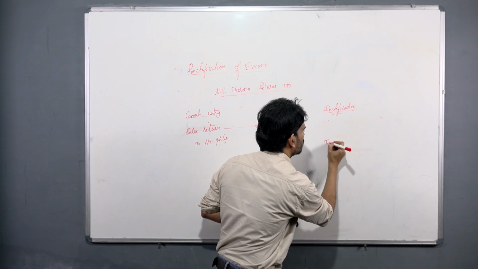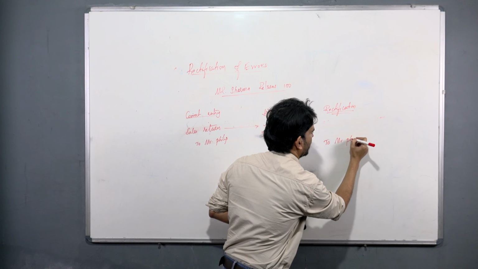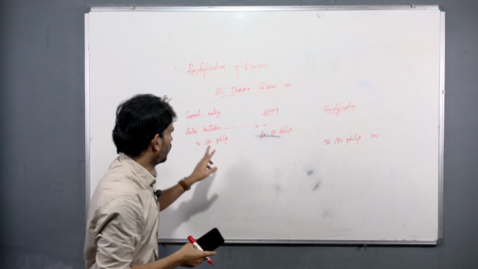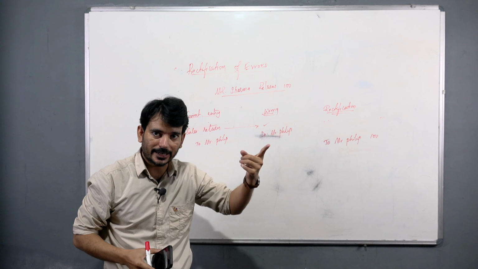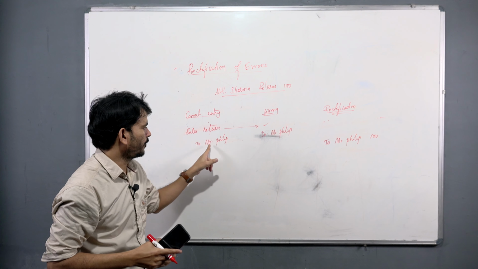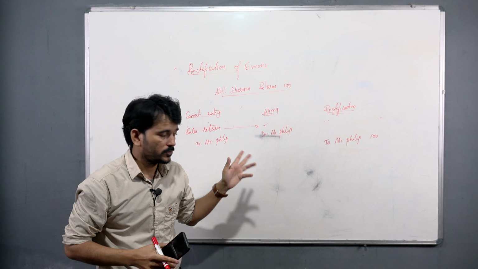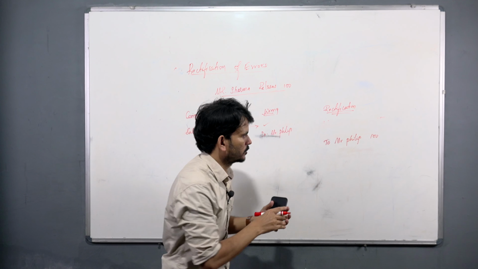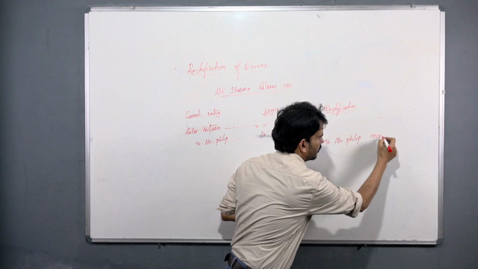So we will write to Mr. Philip 100. Then what he has not done correctly, we need to do it now. Mr. Philip, he should have credited, but he has not done it, right? So we will credit one more time. So already the entry is there, so you will add one more 100 here.